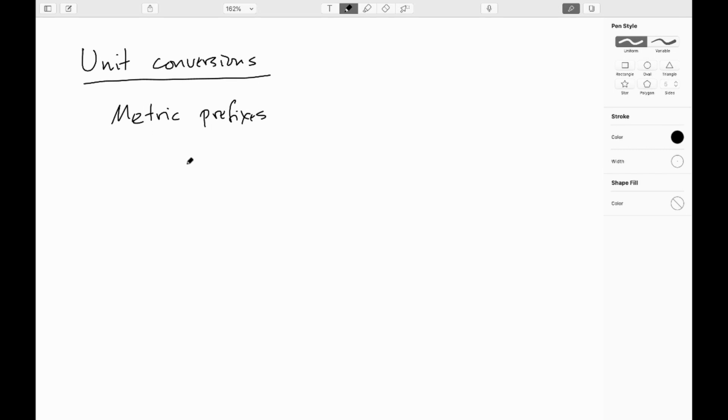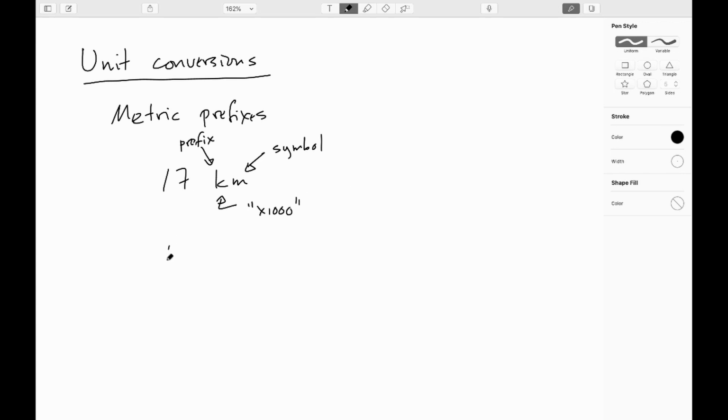If you see some distance, like say 17 kilometers, the way this works is this bit right here is known as the symbol, and this bit here is known as the prefix. Now the way I learned this, and it doesn't seem to have been super common, but I figure I'll pass it along in case you find it helpful, is I learned this as the instruction multiply by 1,000.